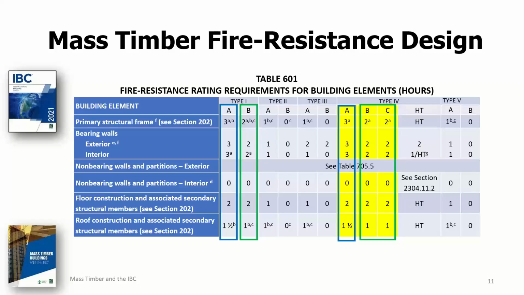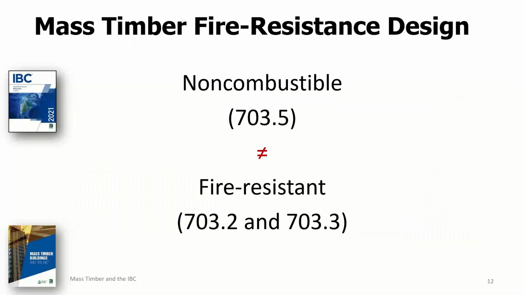The yellow highlighted columns are the new ones, for the three new types of construction. Notice that the fire resistance rating requirements for type 4A are the same as those for type 1A, and likewise both 4B and 4C have the same fire resistance rating requirements as 1B.